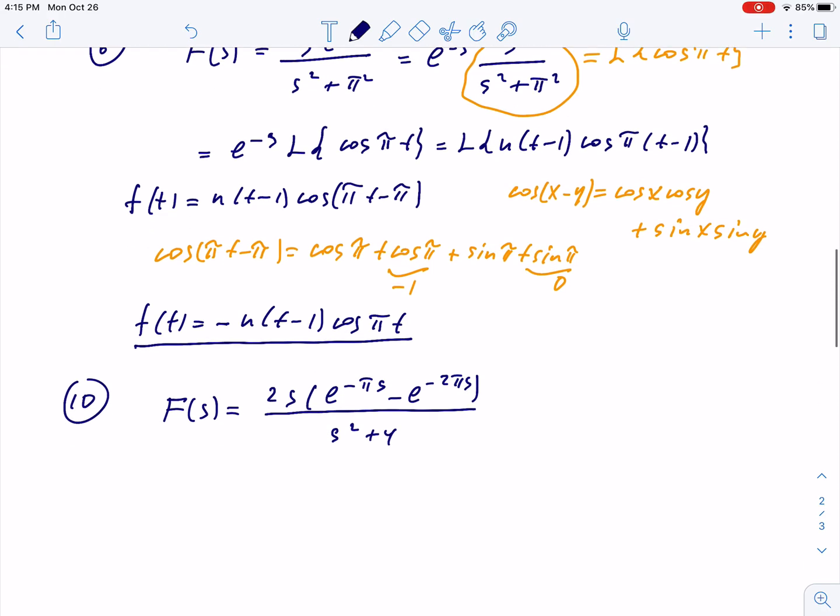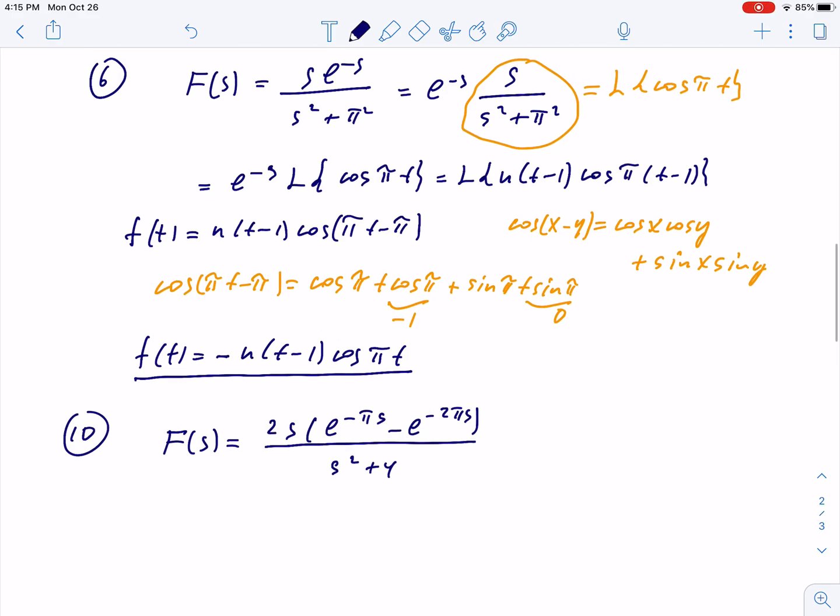So again, I will break this in two terms, adding exponentials in front, and this coefficient 2 also in front, like that. 2 exponential minus pi s, s over s squared plus 4, minus 2 exponential negative 2 pi s, s over s squared plus 4.